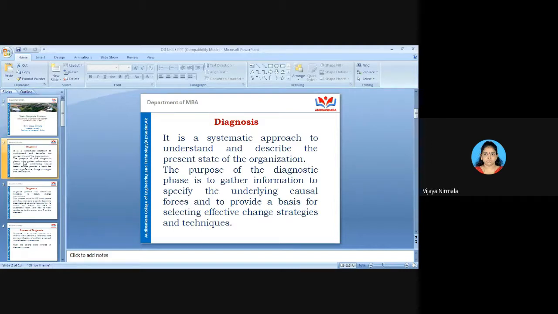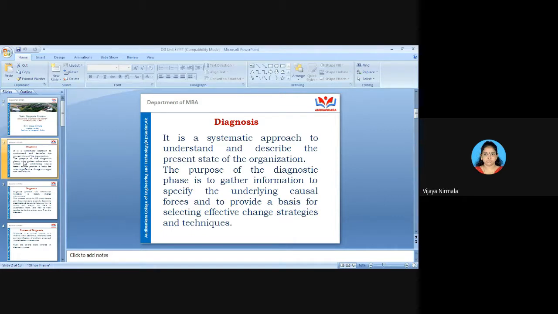So the purpose of this diagnostic phase is to gather the information and to specify the exact nature of the problem requiring solutions, and also to identify the underlying causal factors and to provide a basis for selecting effective change strategies and techniques.